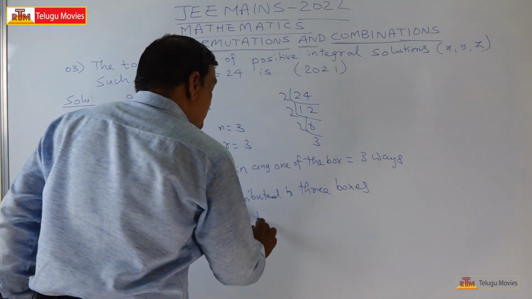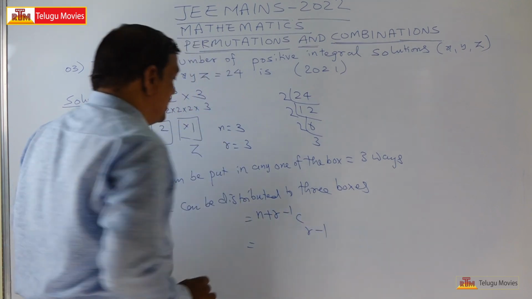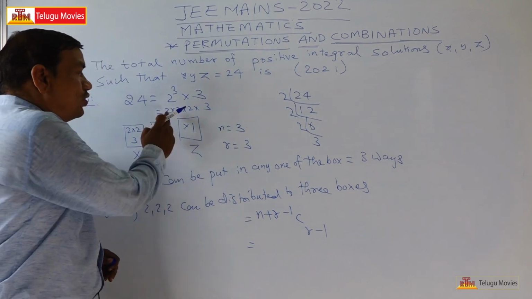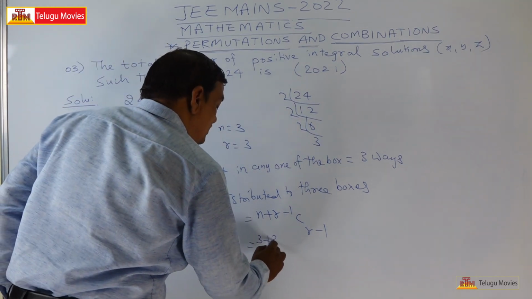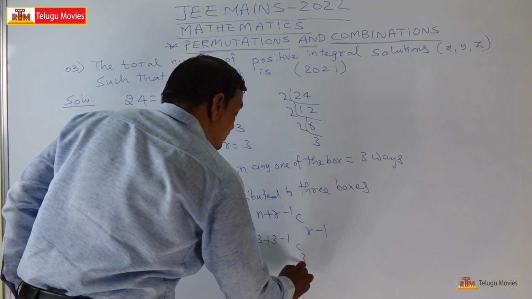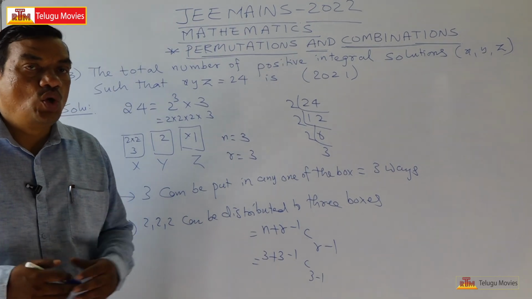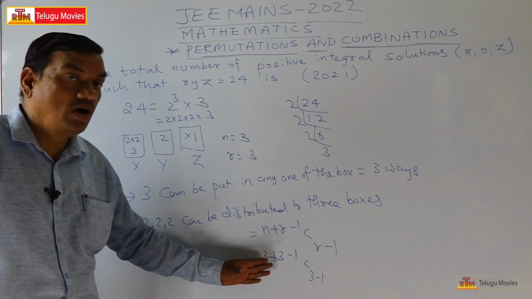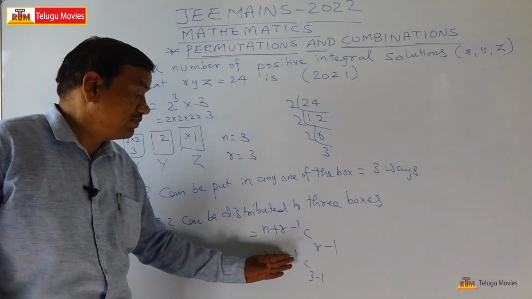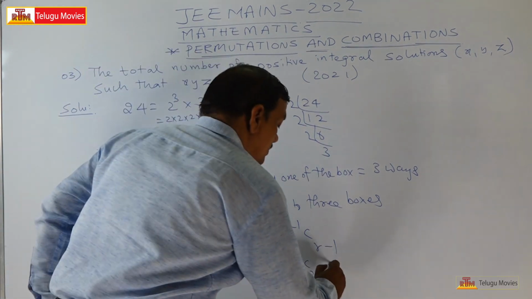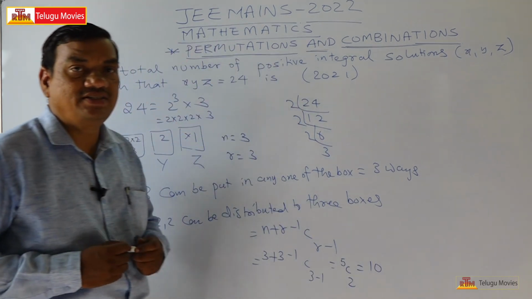This can be written as n plus r minus 1 C r minus 1. Here n is 3, r is 3, that is 3 plus 3 minus 1 C 3 minus 1. So 3 plus 3 is 6, 6 minus 1 is 5, this is equal to 5C2, and we know the value of 5C2 is 10.